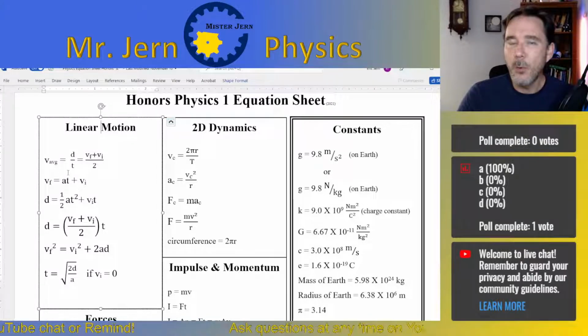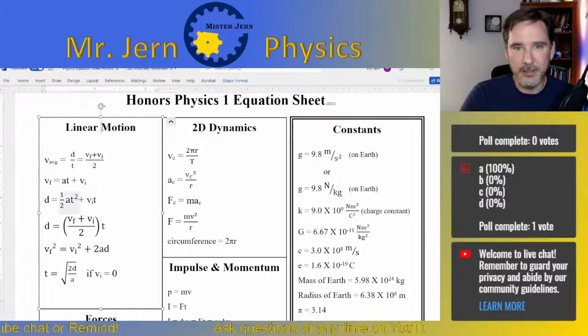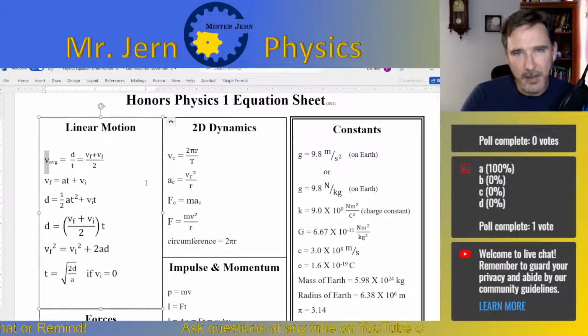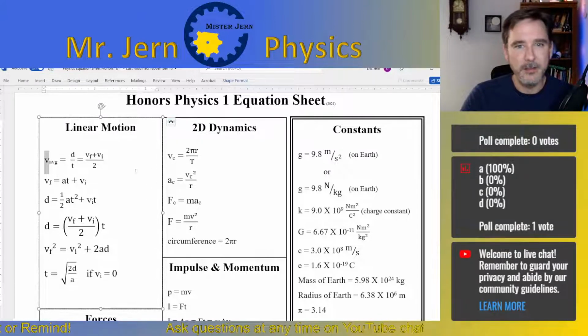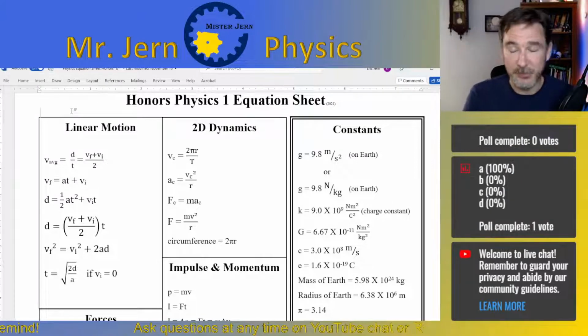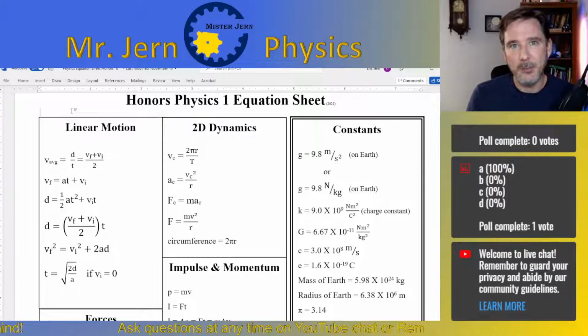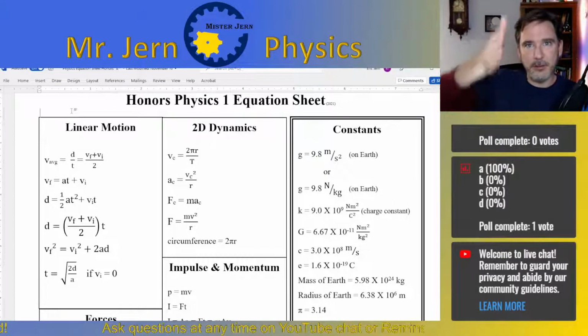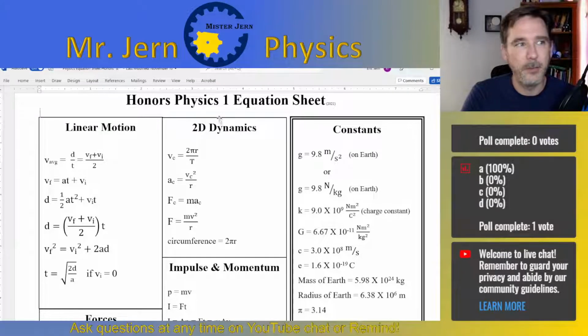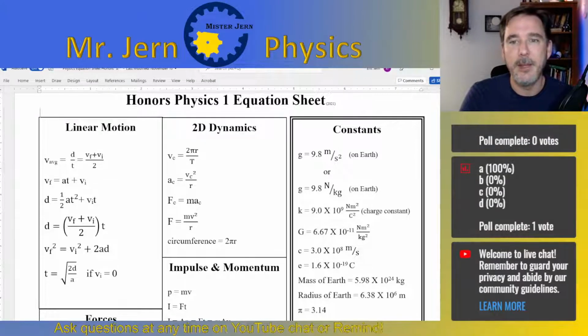This is where you'll see displacement and average velocity, and you'll have to add in the x's and the y's, because all these linear motion equations, the kinematics equations, apply to lines, whether vertical in the y direction or horizontal in the x direction. You don't see them on here because that's up to you to add them.